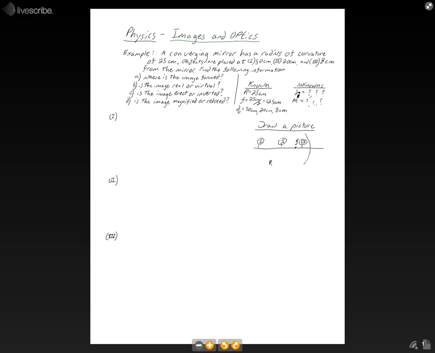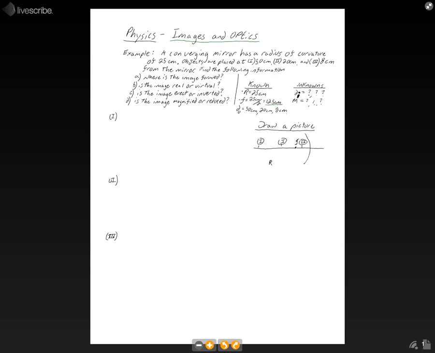So out of this, we can pull a couple of pieces of information. For our knowns, we have the radius of curvature at 25 centimeters. We know the focal length. Focal length, for a converging mirror, is going to be your radius divided by 2, so 12.5 centimeters.